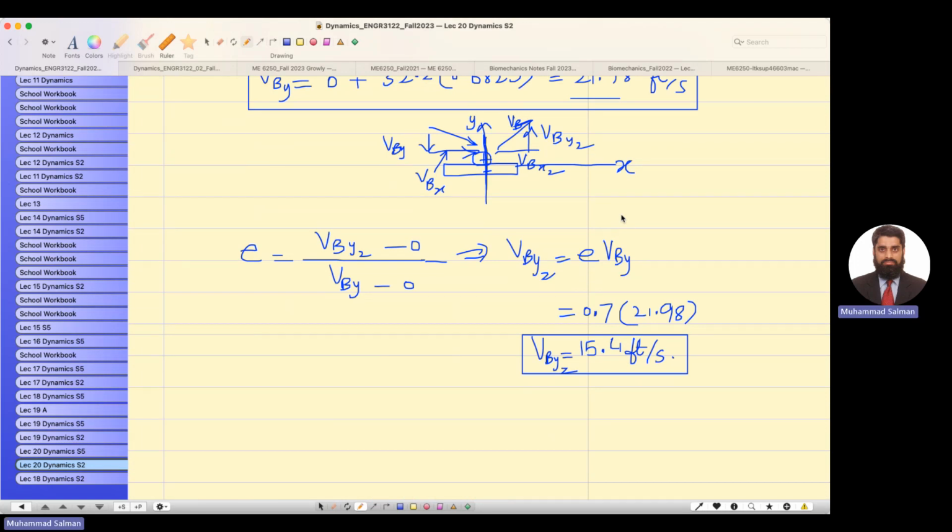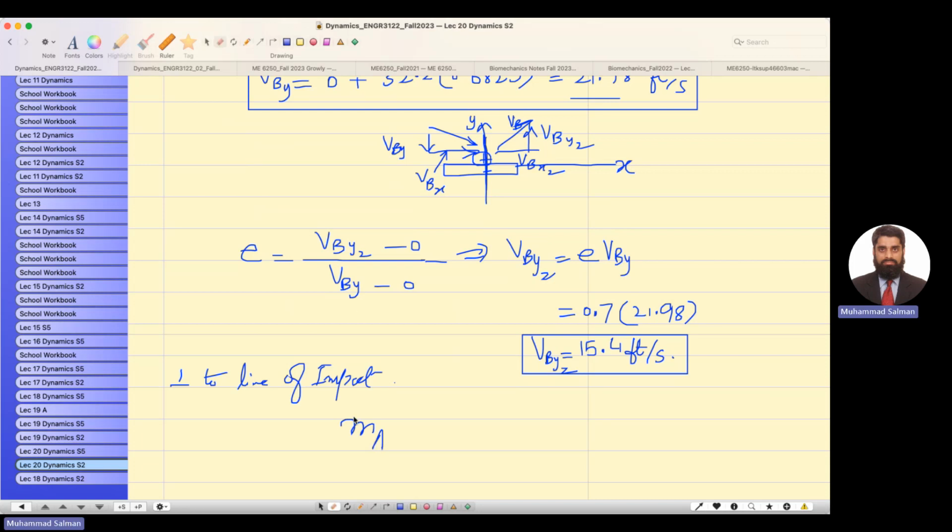All right, guys, now after we found the y component, can we find the x component? Yes, you can. For oblique impact, we have two extra equations for each particle, perpendicular to the line of impact. The momentum conservation.